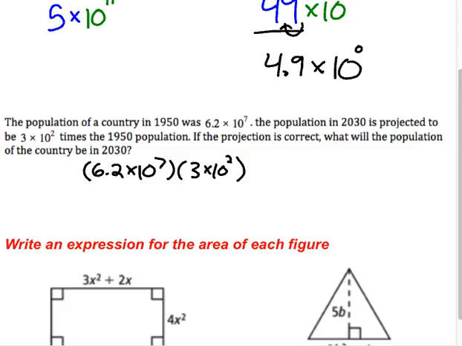Well, this is exactly what I was asking you to do before. I need to multiply those main numbers together, the 6.2 and the 3, just like before, to get 18.6. And now 7 and 2 give me a 9.